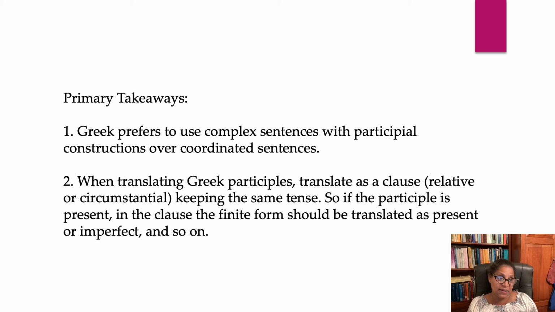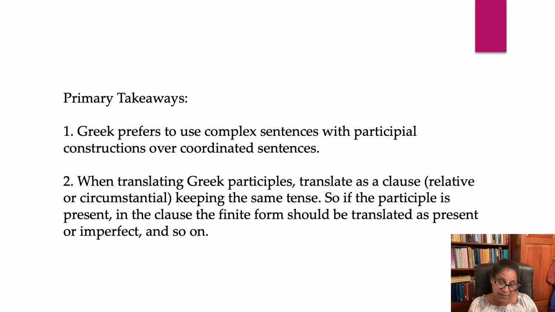It's better to think of the participle as an attributive participle, to treat it as a relative clause and translate it that way, or if it's a circumstantial participle, to decide what kind of circumstantial relationship it is in with the main verb and translate it that way. So that brings us to 2, right?